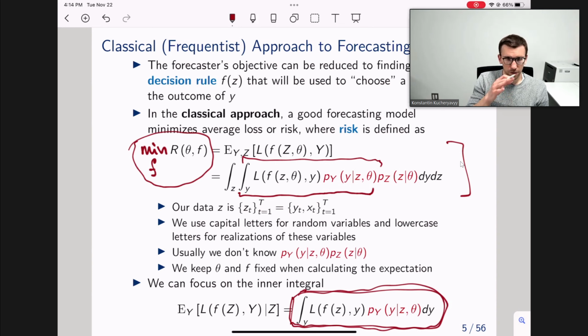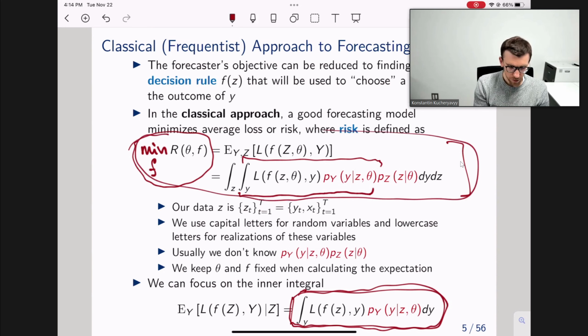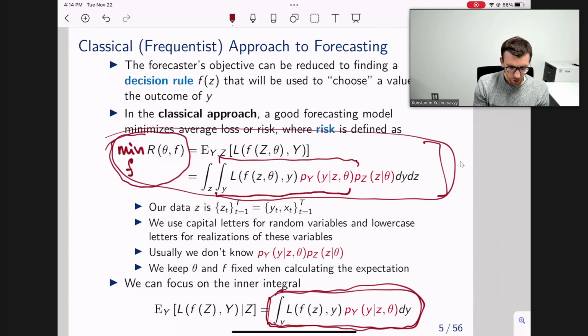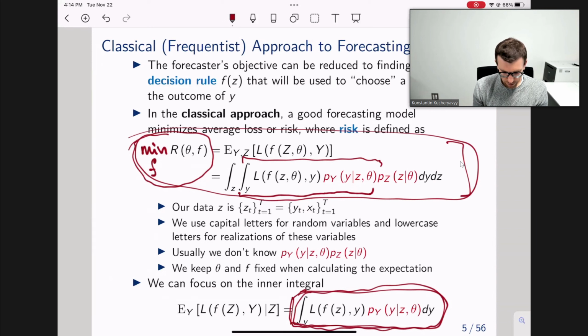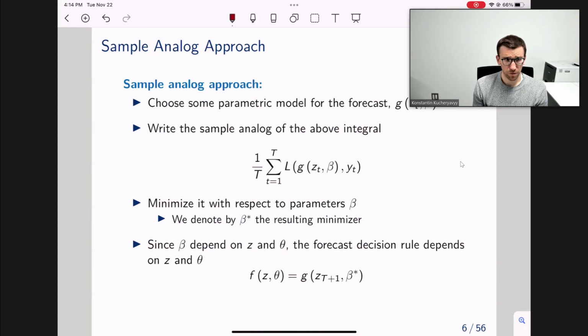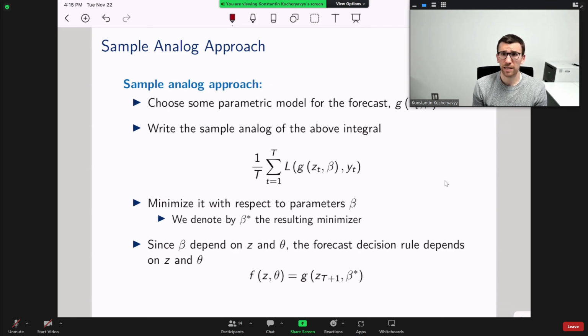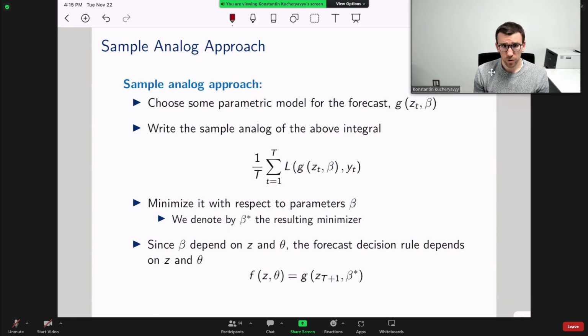And then later we will go back to this bigger minimization problem. So there are two approaches to how we can minimize this thing with respect to the F decision rule. One is very straightforward, it is called the sample analog approach. We choose some parametric model for the forecast, like G(Z_t, beta), where beta are parameters.